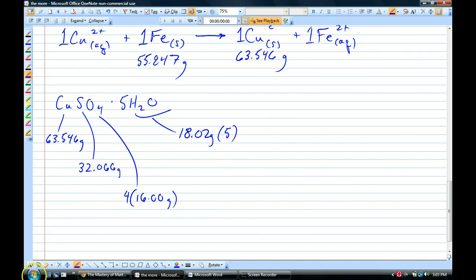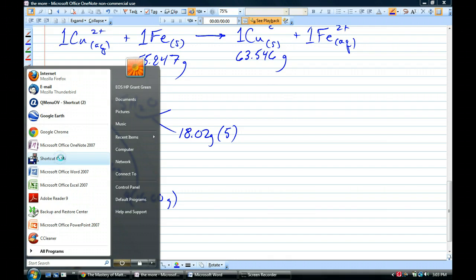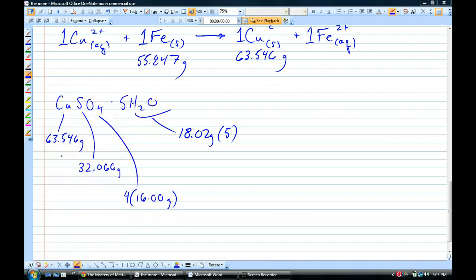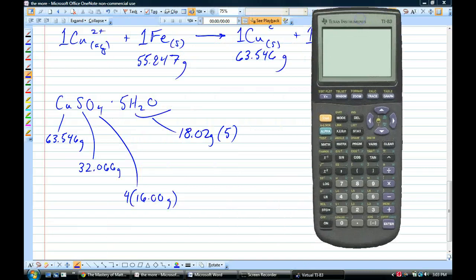All right. Now let's see what I get here. I'll wait for my calculator to come up quickly. Okay. Now, 63.546 plus 32.066 plus 4 times 16 plus 5 times 18.02 gives me 249.712.